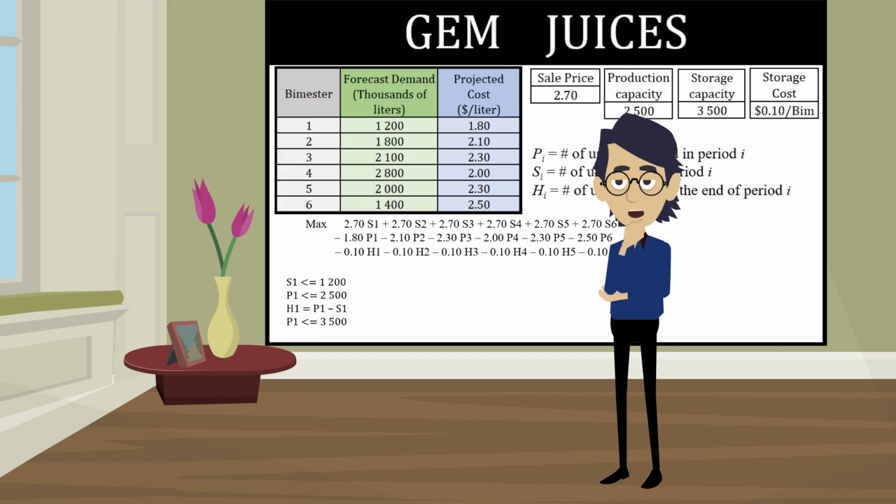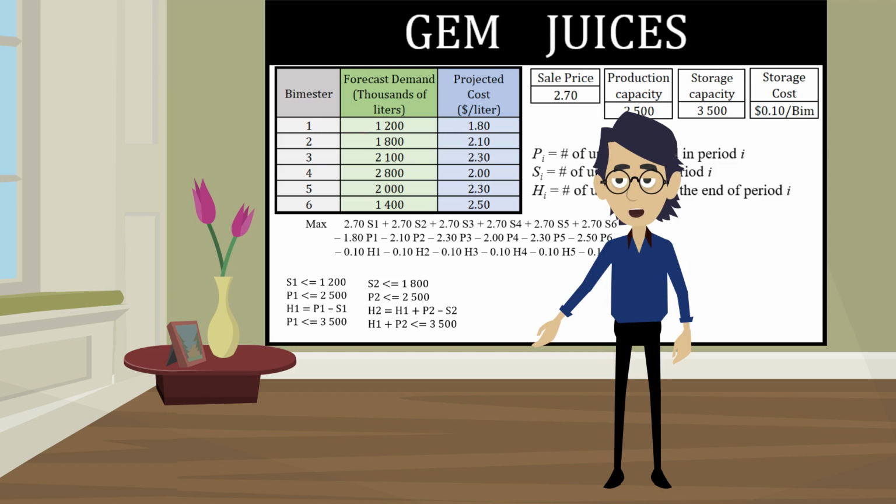Now, think about the constraint for the second bimester. The second period constraints are very similar to the first set of constraints. The first constraint refers to the demand for the second bimester. The second constraint refers to the production capacity.